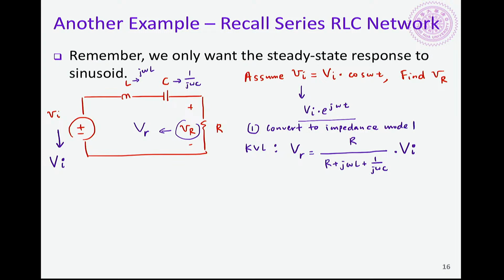So the first step, we convert to the impedance model. The next, we write the complex amplitude of VR in terms of VI.